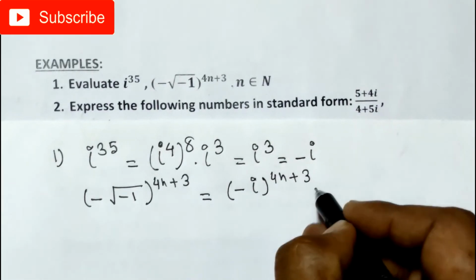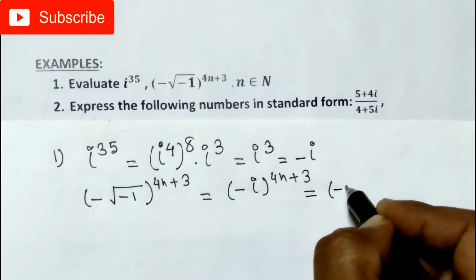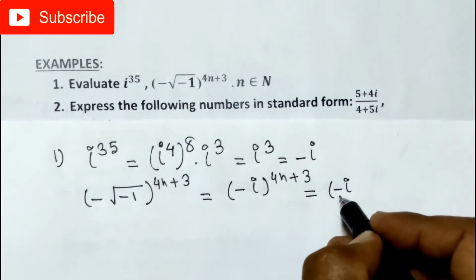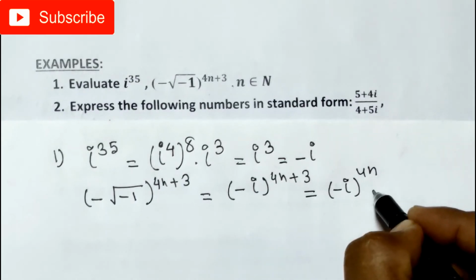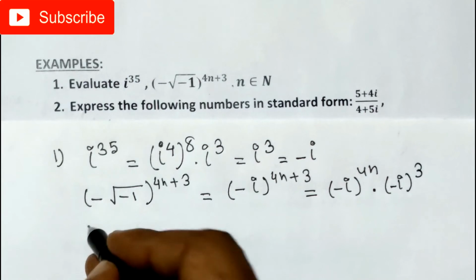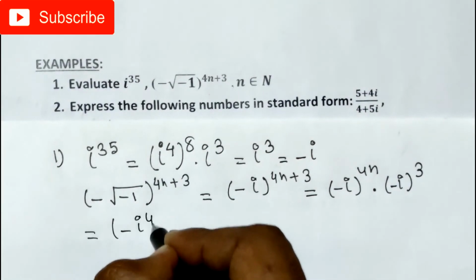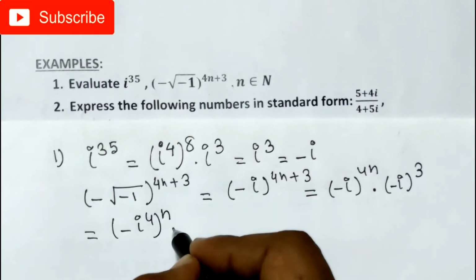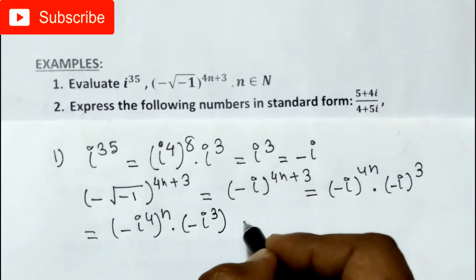Now let's apply the law of exponents. (Minus iota) to the power 4n plus 3 means (minus iota) to the power 4, whole to the power n, into (minus iota) cube.